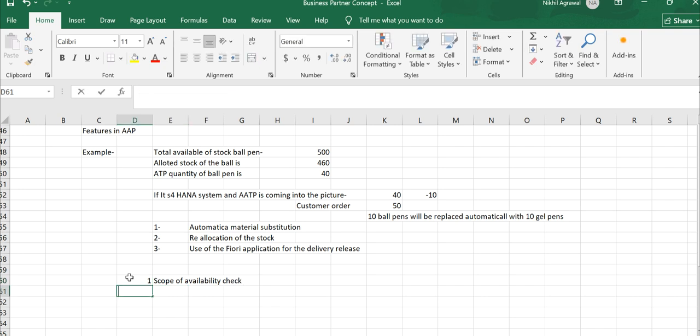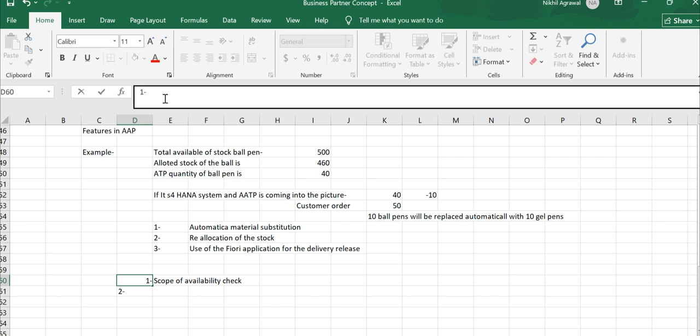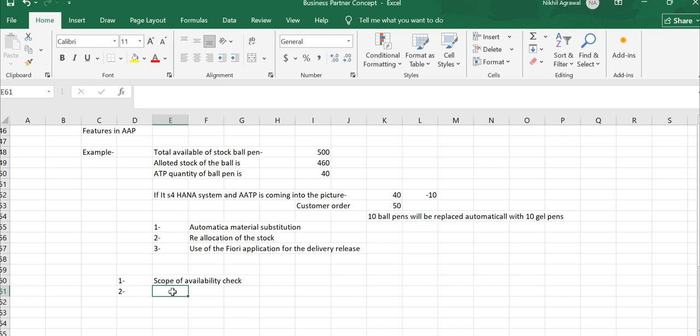Second, we will discuss the availability check or checking group.